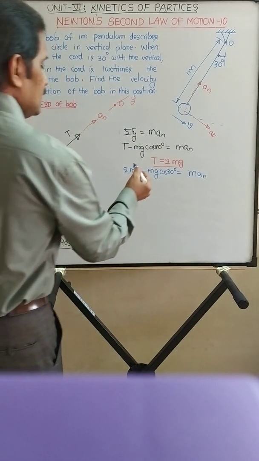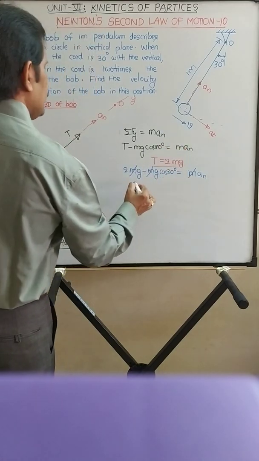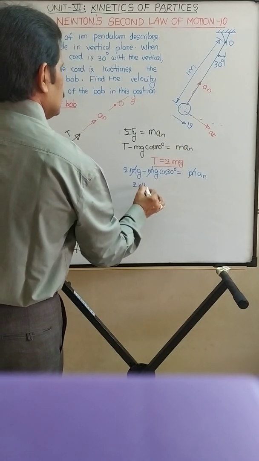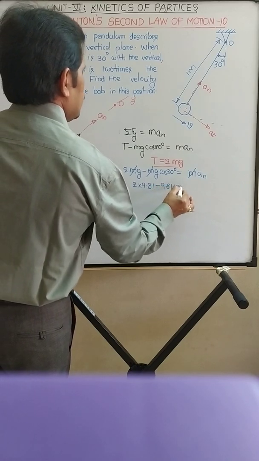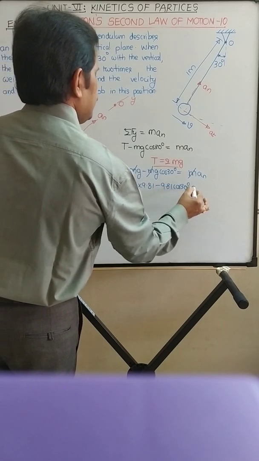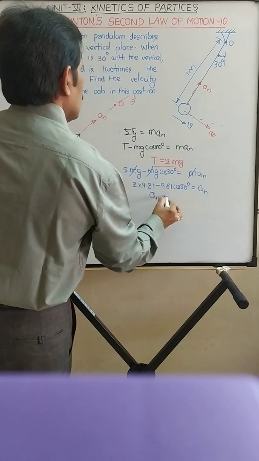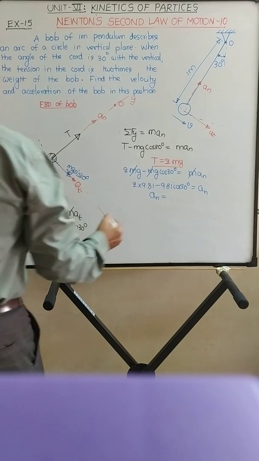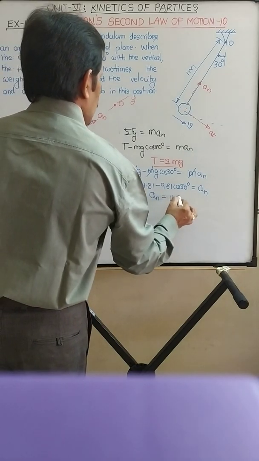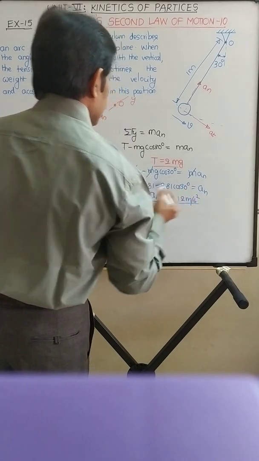Right? So taking m common, you can cancel it. So it is 2 into 9.81 minus 9.81 cos 30 is equal to a_n. So the normal component of acceleration a_n is given by 11.12 meters per second square.